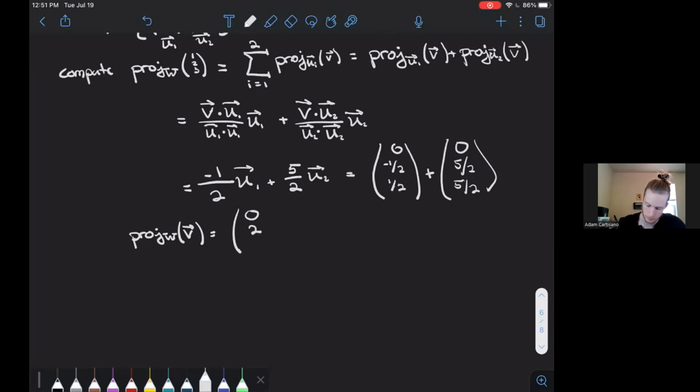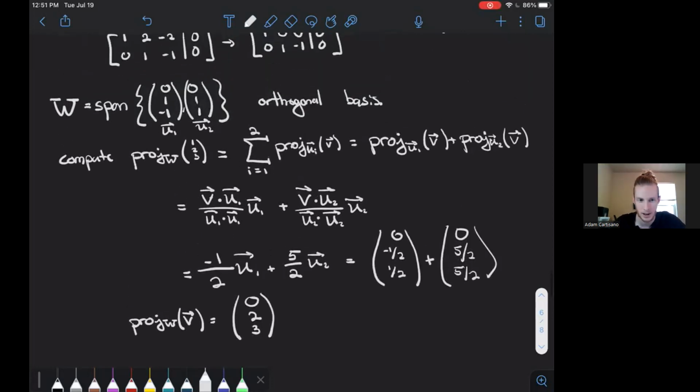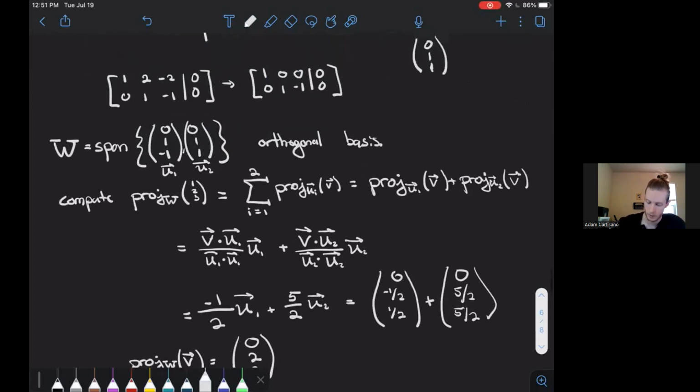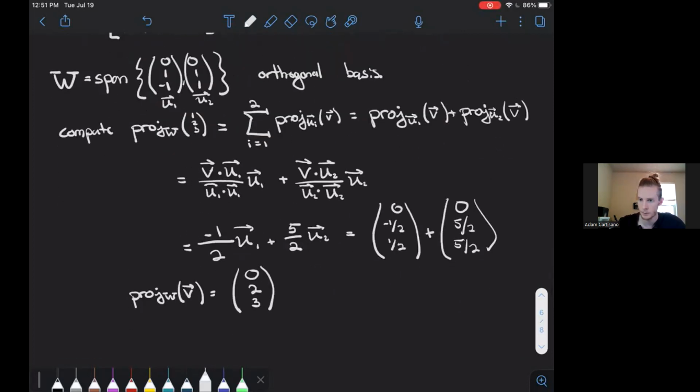0, 2, 3. And notice, W actually happens to be in disguise, apparently W is like the YZ plane or something. Seems strange. Then just projecting away, chopping off the first factor, preserves the other two factors. So this is consistent.